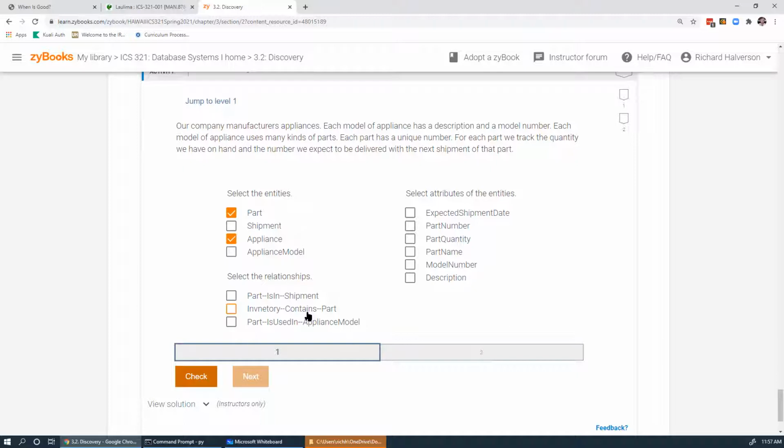Inventory. Okay, are all these relationships? I don't know. Select attributes of the entities. Yeah. No, this is a shipment. Is a shipment an entity?